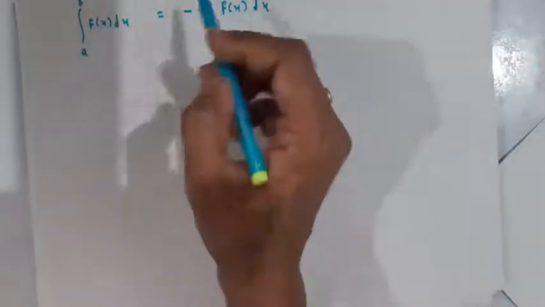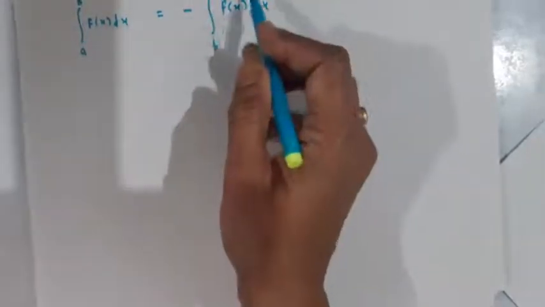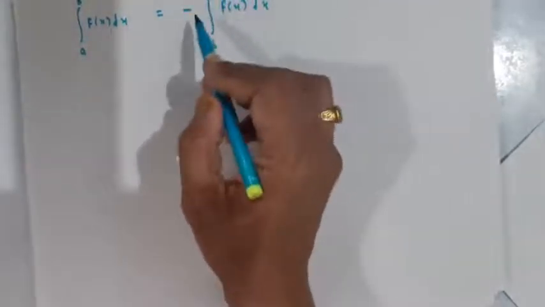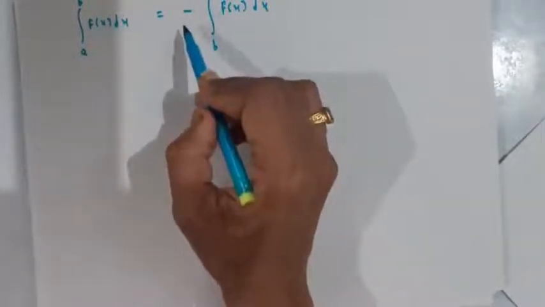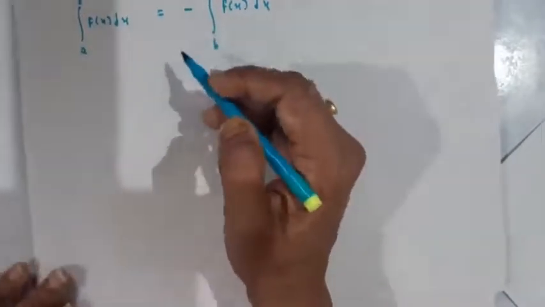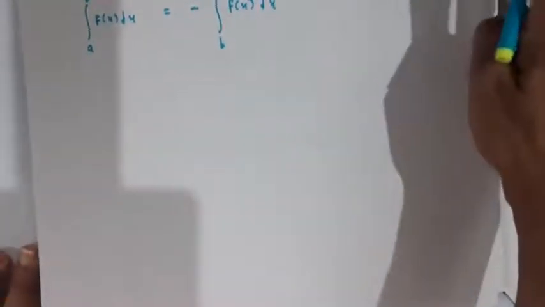Students, if you interchange the limits of integration, meaning the lower limit changes to upper and upper to lower, then the sign of the integration changes. That means the positive sign changes into negative sign. And this property is very important while solving problems.